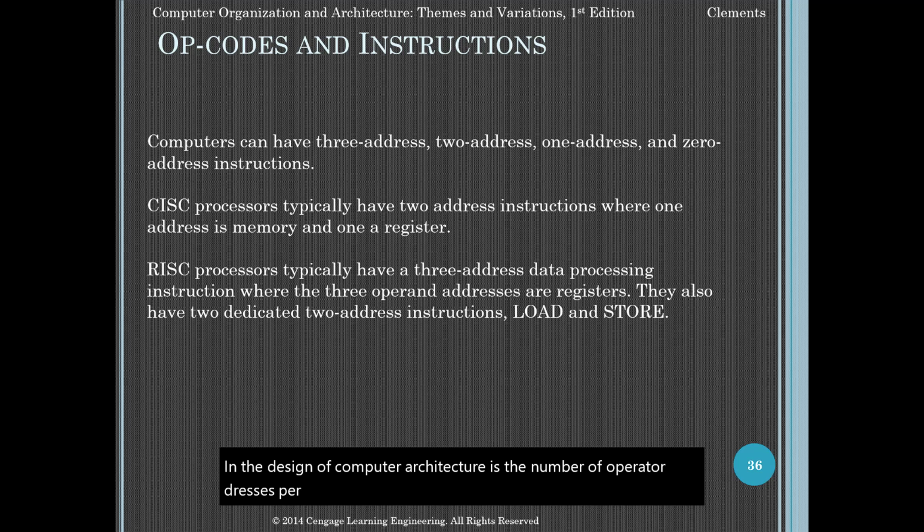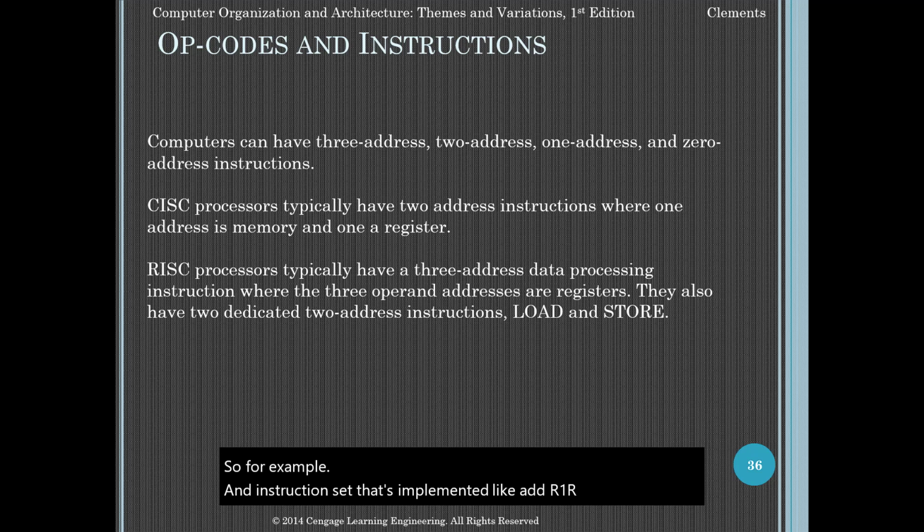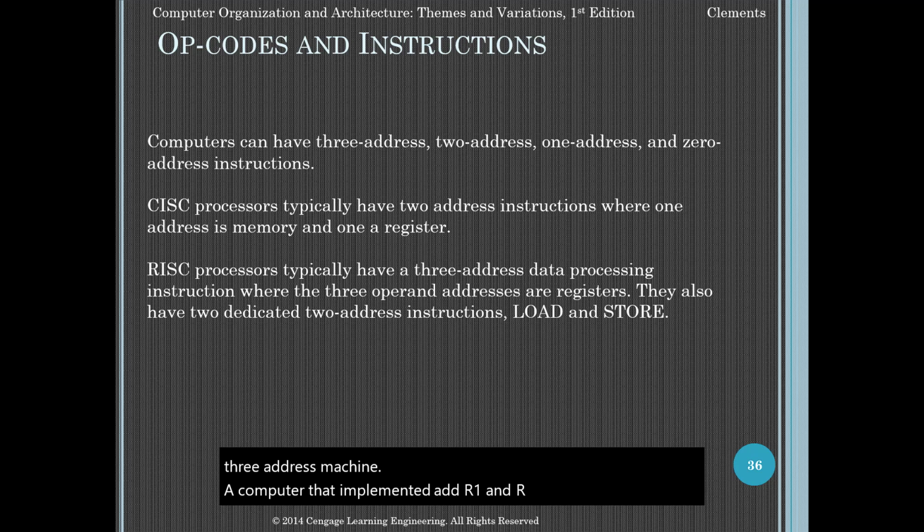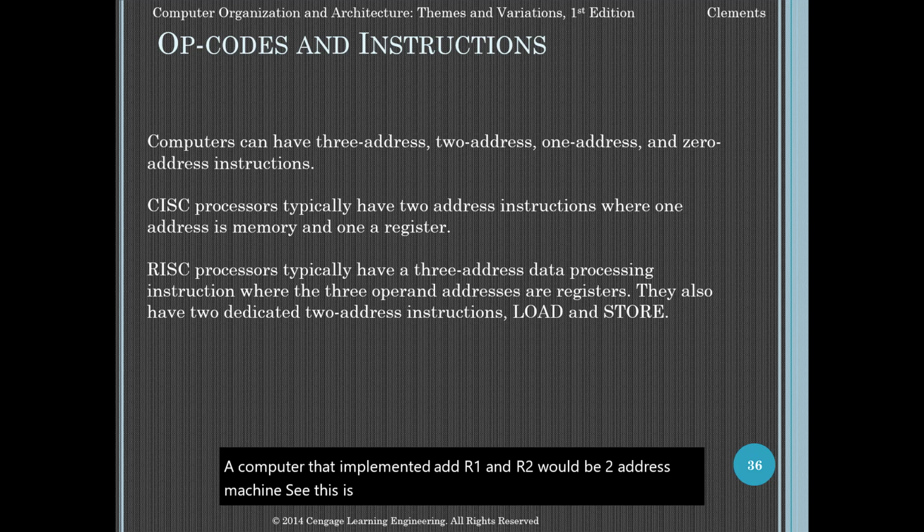So for example, an instruction set that's implemented like add R1, R2, R3 would be a 3-address machine. A computer that implemented add R1, R2 would be a 2-address machine. See, this is easy. So you can have 3, 2, 1, and 0 address machines.